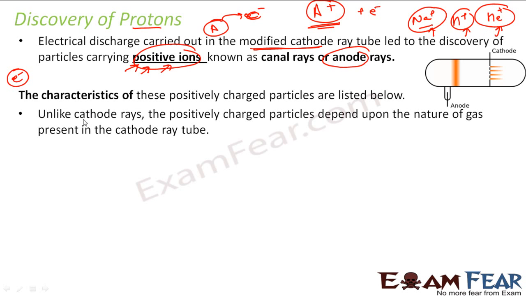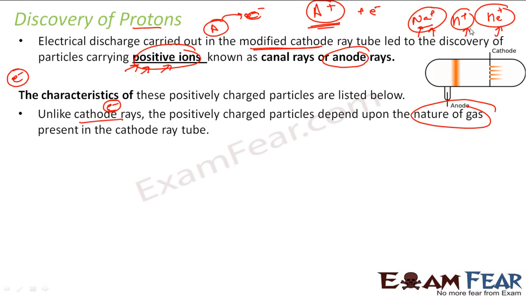So unlike cathode rays, where the electron is the same whether from gold or silver or copper, here the ions are all different. That's why the positive charged particles depend on the nature of gas. So nature of gas matters.